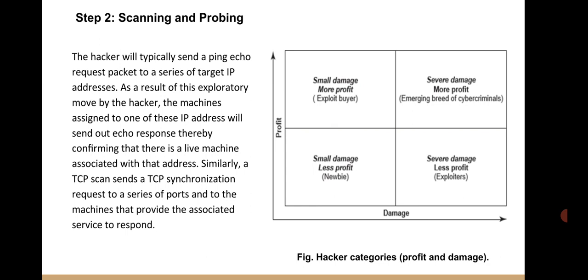The hackers are increasingly known as click kiddies because the process has become easy, just clicking buttons. Depending on the hacker's category, profit and damage occur. Sometimes small damage brings more profit, sometimes severe damage brings more profit. Sometimes small damage takes less effort, and severe damage takes less effort. It depends on the situation.